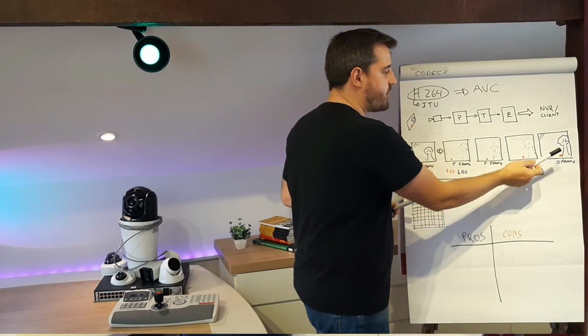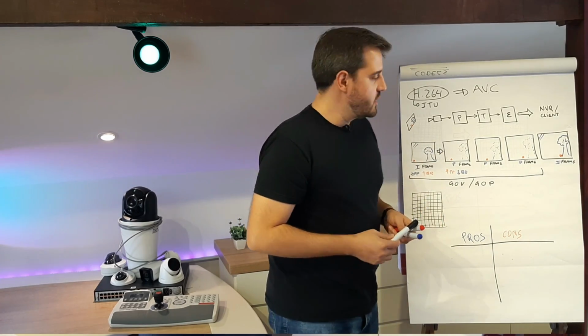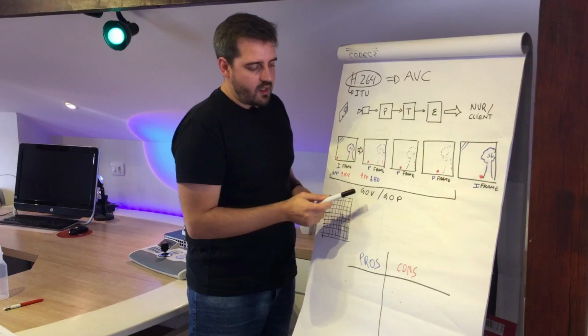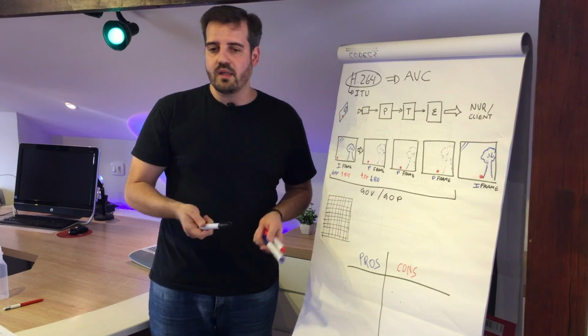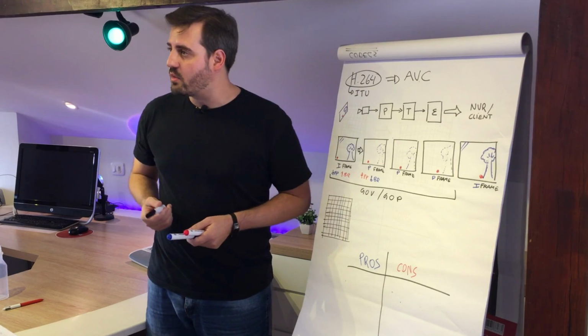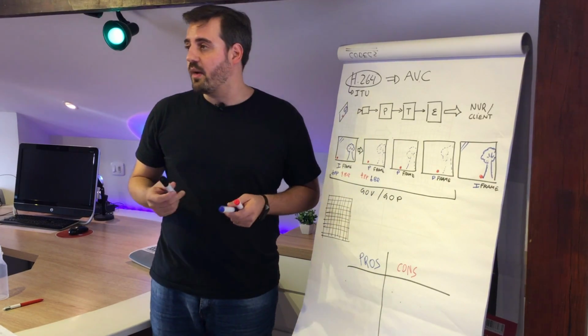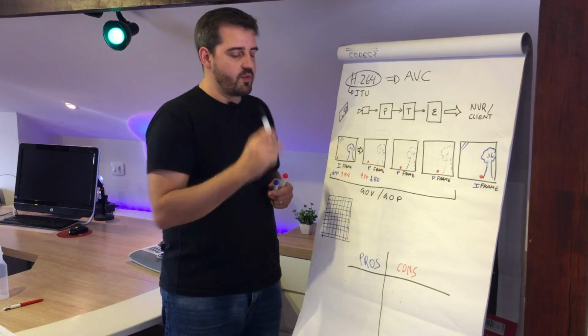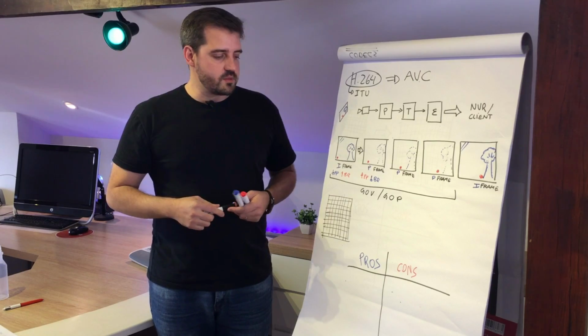But only the iframe will give the real image as it is live. So if you set this to a high value, it will really decrease the bitrate, but it can impact the image quality. But if it's too low, it will be basically MJPEG with lots of iframes, with a lot of content and a lot of data to be transmitted.